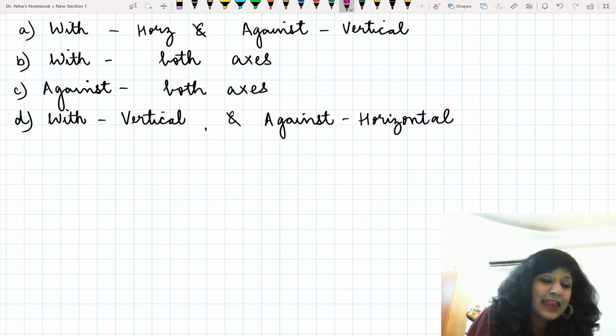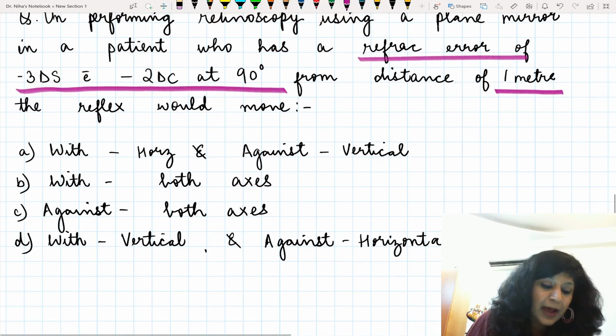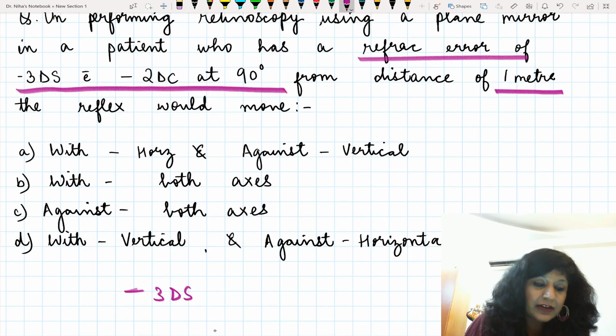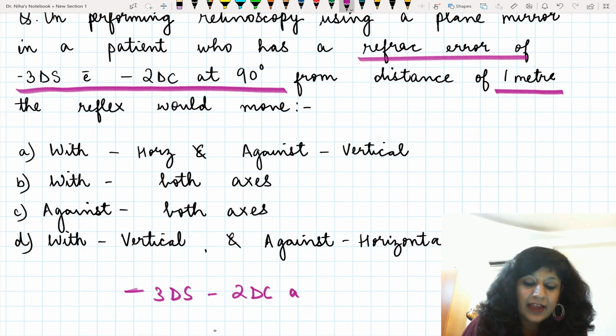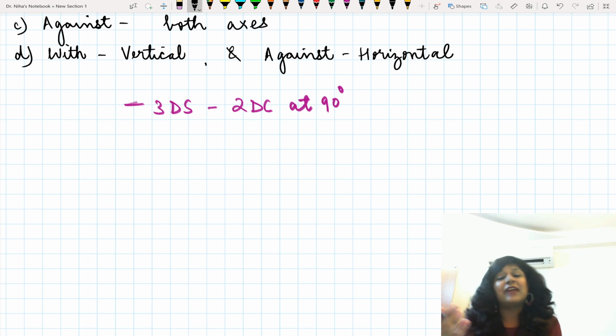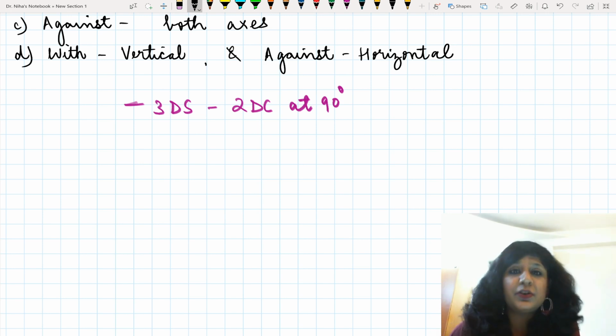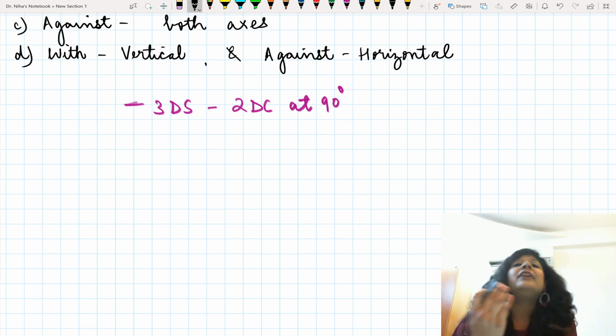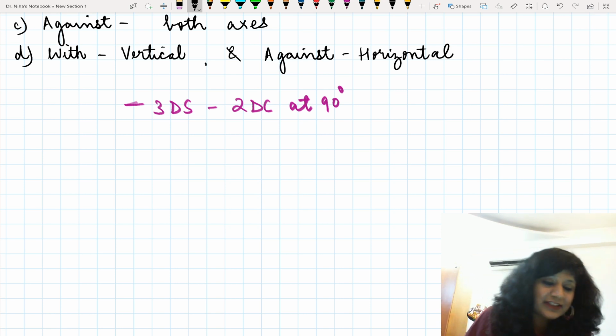So if they are saying that it is -3 diopter spherical and -2 diopter cylinder at 90 degree, let us try to convert it into retinoscopic findings. In this I will explain how to convert it into retinoscopic findings, and you will also get to know what kind of astigmatism it is. So we will revise that also.